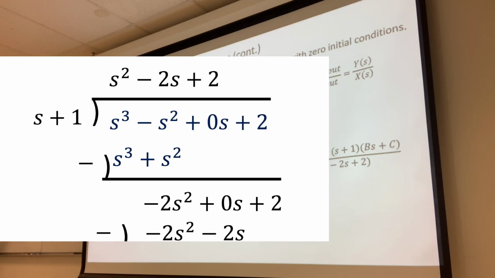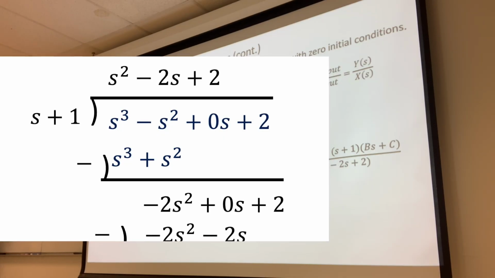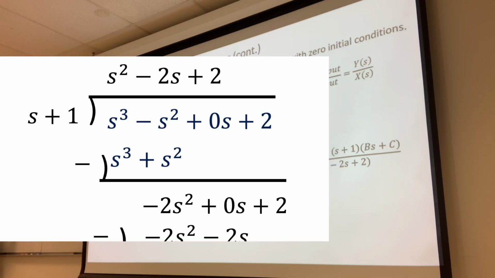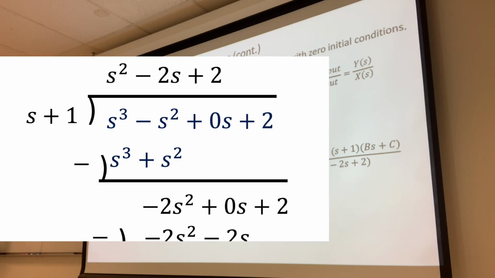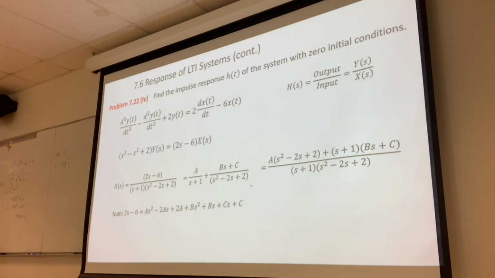And to get the -2s squared, we need to do -2s. Then -2s times s is -2s squared, -2s times 1 is -2s. And we need to subtract, gone, plus 2s plus 2. Now we have plus 2, okay? So it's a polynomial division that you need to apply.